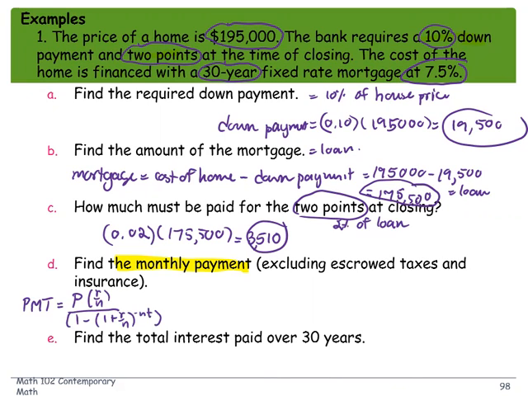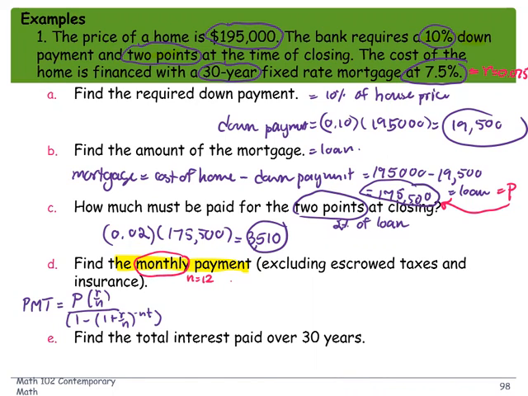What do we need? We need P. P is the loan. And R is the rate, which is 0.075. N is the number of payments in 1 year. This one is the monthly payment, so N equals 12.